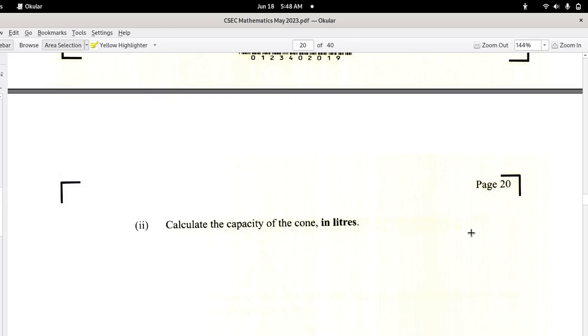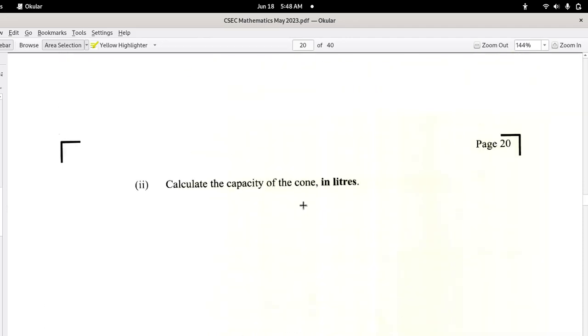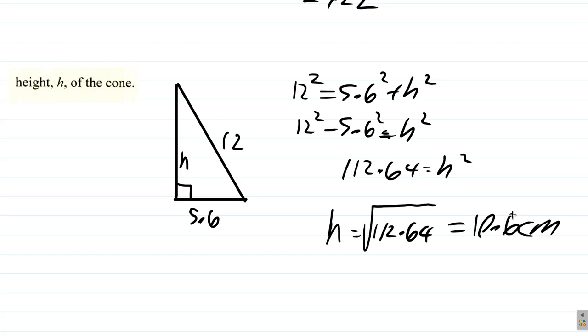What else is going on here? The capacity of the cone in liters. That's 2 marks. Capacity of the cone in liters.